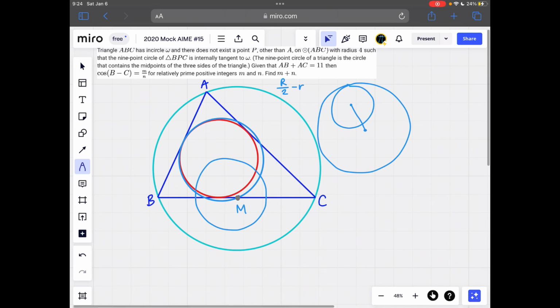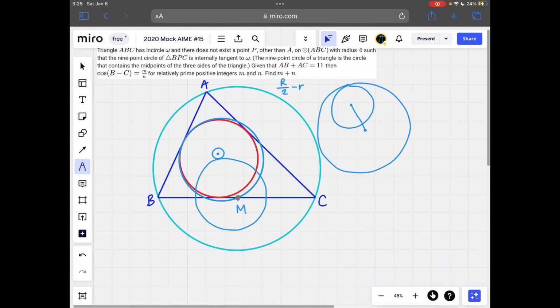And we want the circle centered at I, the incenter, with that radius, big R over 2 minus little r. That's the locus of all possible points the 9-point circle could be centered at in order for it to be internally tangent with the incircle. And if there's only one point that produces this internal tangency, then those two loci can only intersect once.